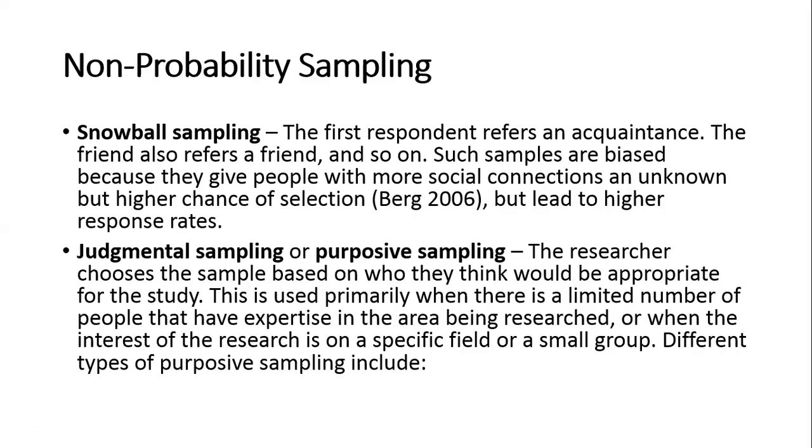Judgment sampling or purposive sampling. The researcher chooses the sample based on who they think will be appropriate for the study. That's purposive sampling. So the person doing the sampling defines the rule, the basis for the sampling. This is used primarily when there is a limited number of people that have expertise in the area being researched, or when the interest of the research is on a specific field or a small group.